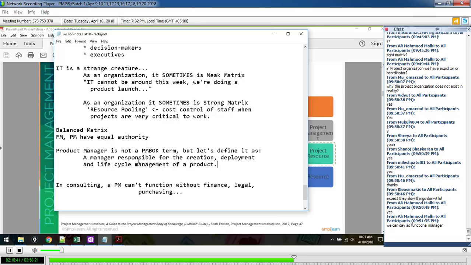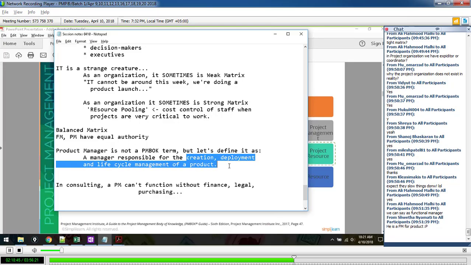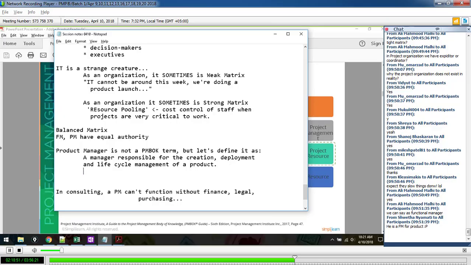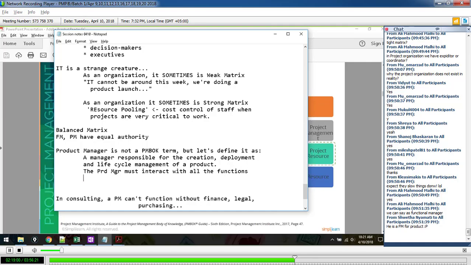A product manager is responsible for the creation, deployment, and life cycle management of a product. Yeah, sort of, you could say that, but the product manager must interact with all the functions in order to get their management done, right?